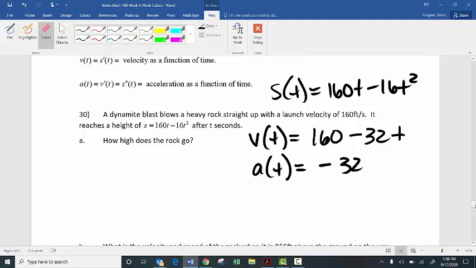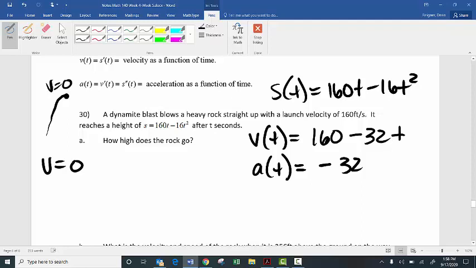So when it reaches the maximum height, you could actually find the vertex of the distance function, but what I do is, at the very, very top, the velocity is actually 0, okay? So when it gets to the very tippy top, right up here, the velocity is actually 0.